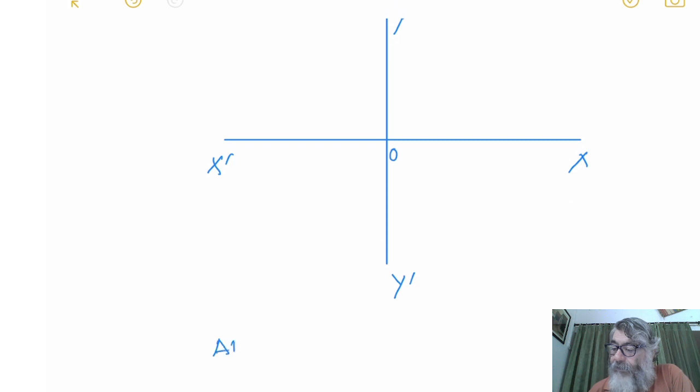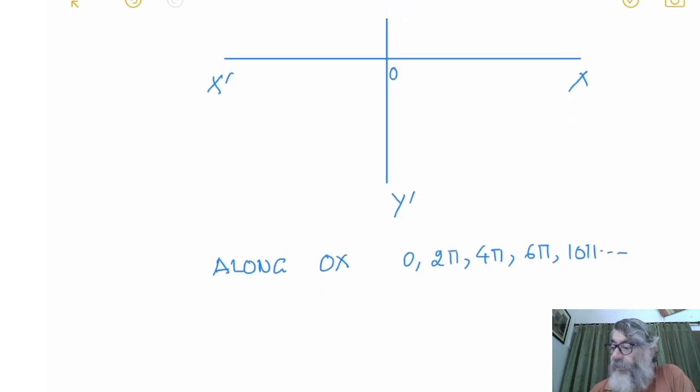Along OX, we used to get what? 0, 2 pi, 4 pi, 6 pi, 10 pi, and so on. If you notice this, they are even multiples of pi. So we write it as 2n pi.